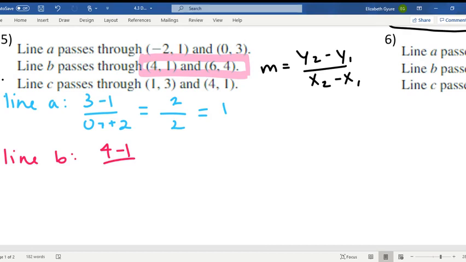All right, 4 minus 1, and then Jesse, what about for the x's? Nick, what about you? What would I do for subtracting the x's?